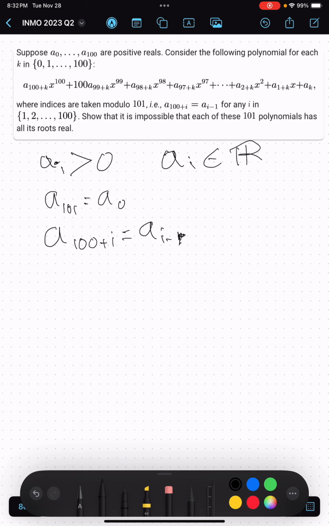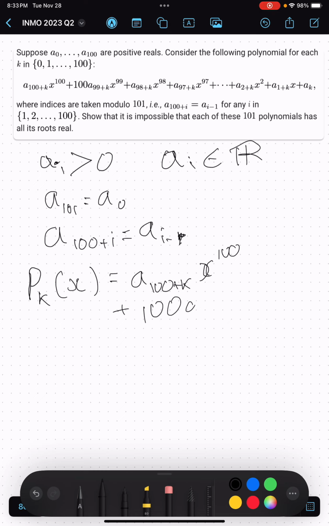So these are cyclic. Now we are given a bunch of polynomials such that p_k(x) equals a_{100+k} x to the power 100 plus 100 a_{99+k} x to the power 99, all the way till a_k, and k varies from 0 to 100.